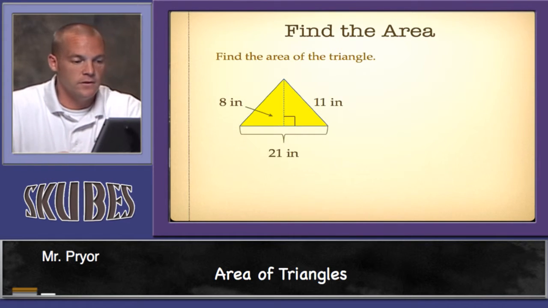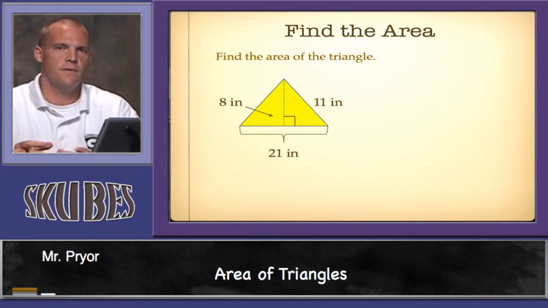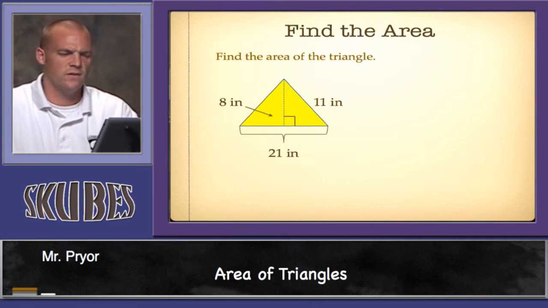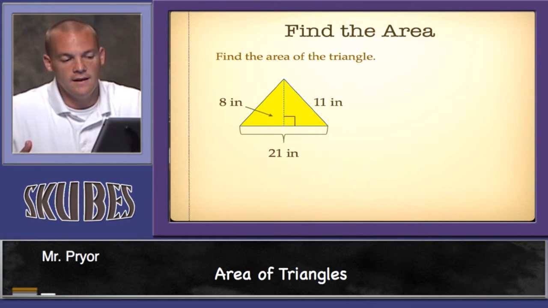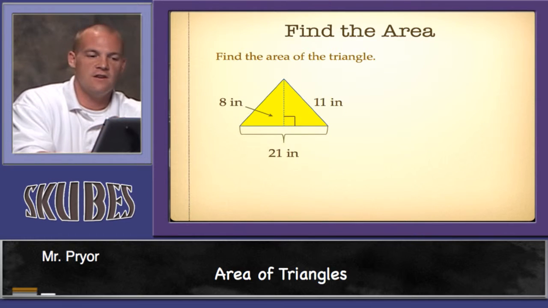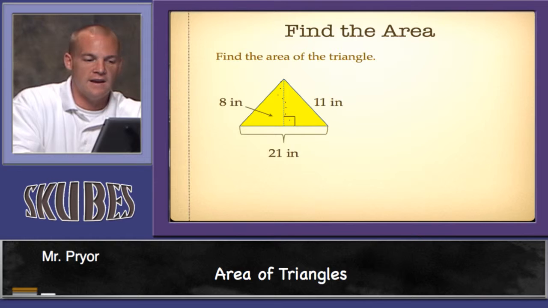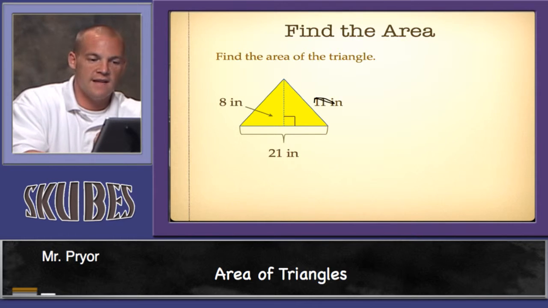For the next example, you can see we have a different looking type of triangle here. We would call it a scalene triangle, or possibly an isosceles, since they don't define what that third side is. However, it's not a right triangle, but you can see they do create a right triangle in the middle, and they have to do that to define what the height is. 11 is not the height.